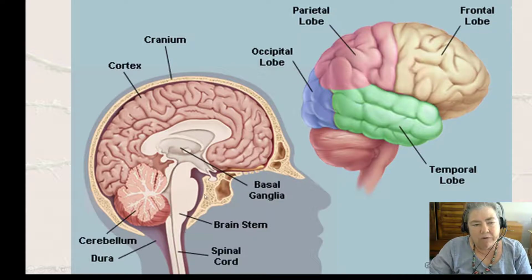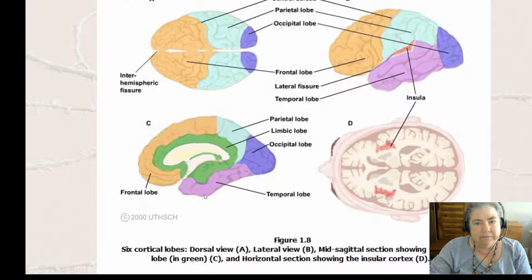There is another lobe called the insula, which is kind of hiding back between, you can see it if you pull back the temporal lobe, so between the temporal lobe and the frontal lobe. And here again we can see the frontal lobes, the parietal lobes, the occipital lobes, inferiorly the temporal lobes.